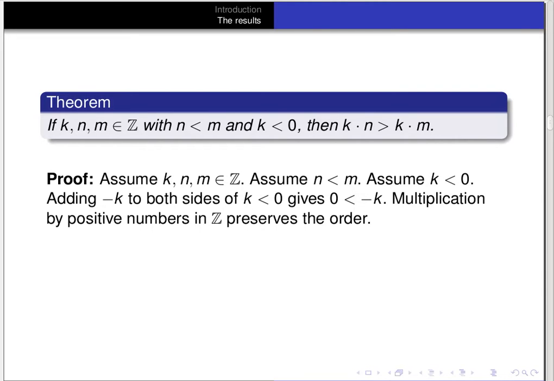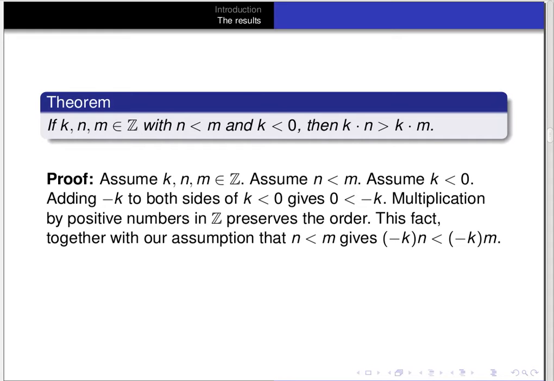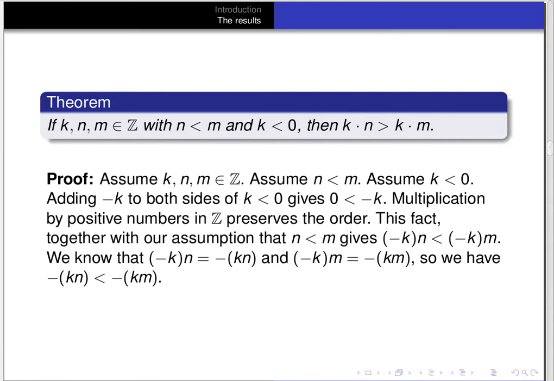So we can multiply by positive numbers in the integers, and that will preserve the order. So we'll multiply the inequality n less than m by the positive number minus k, and we'll get that minus k times n is less than minus k times m. All right.